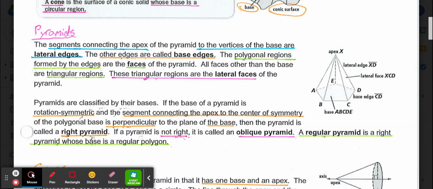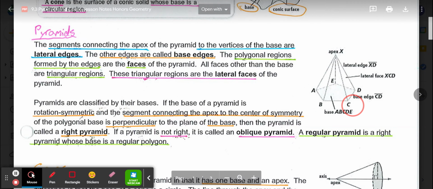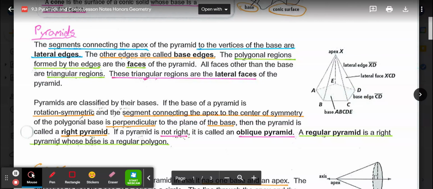The other edges are called the base edges. So a base edge would be like AB, BC, CD, etc. Then the polygonal regions formed by the edges are the faces of the pyramid. So a face of this pyramid could be face XCD or face XBC.